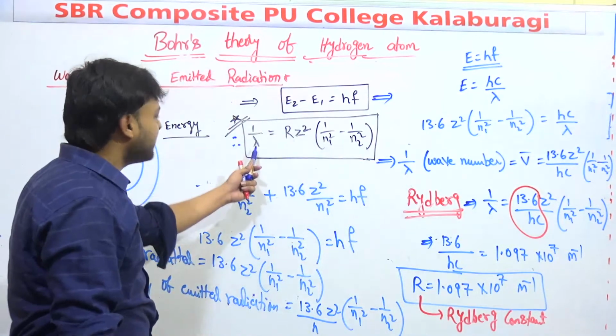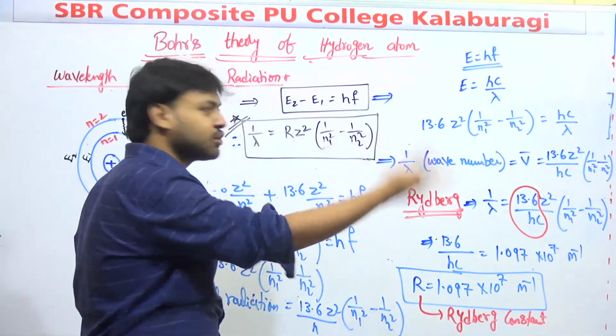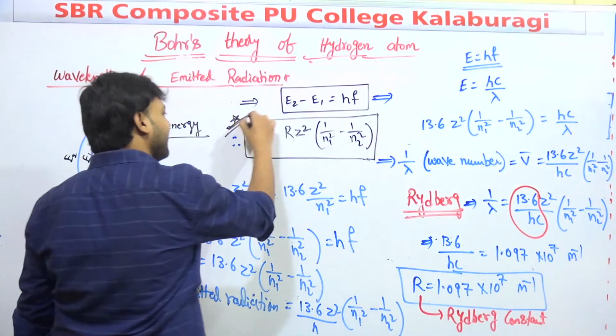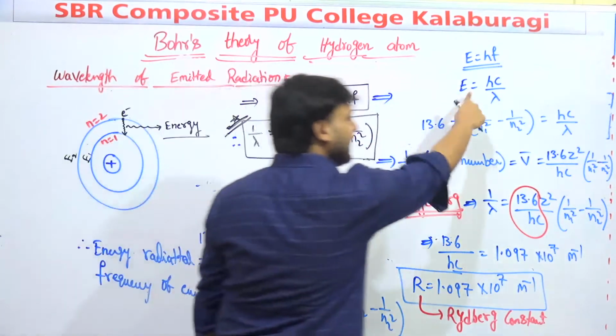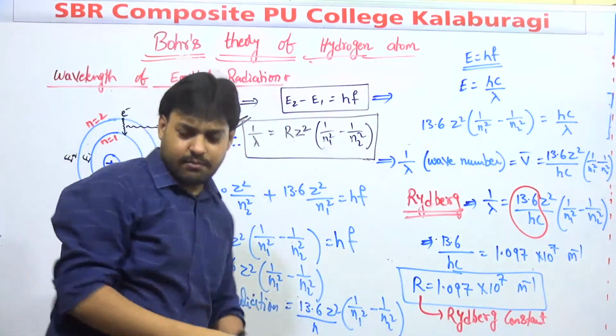From this we can calculate wavelength. If you know 1 by lambda, you can calculate the wave number, and inversely the wavelength. If you know the wavelength, you can calculate the energy also. Everything is related here. Don't be confused.